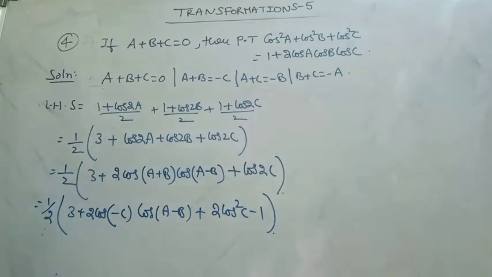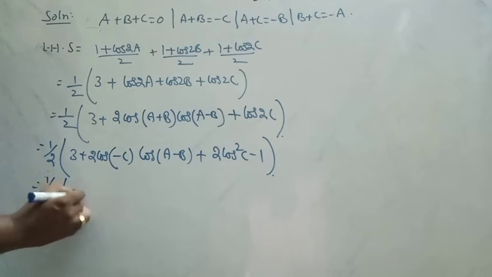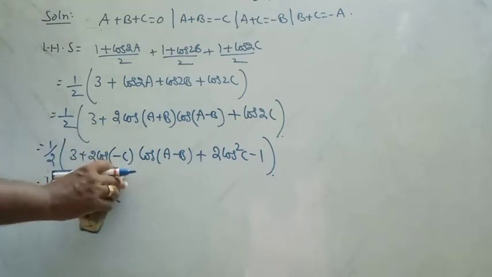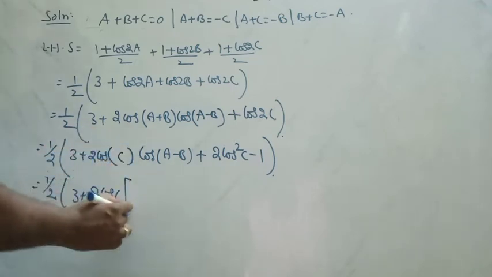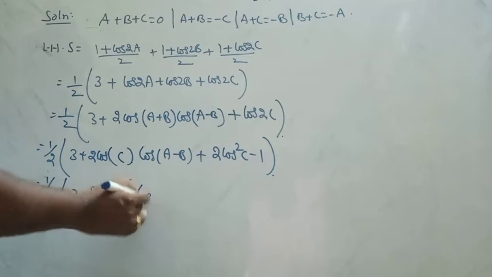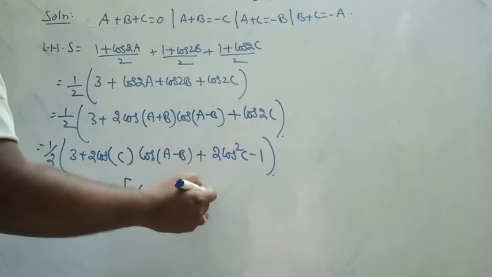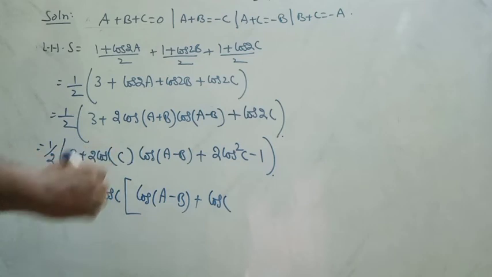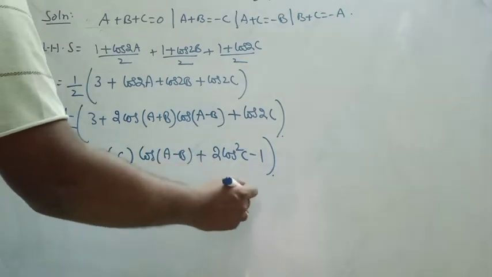Now you see, my dear students, how we are going to do this particular problem. This is now 1 by 2 into 3 plus 2 cos c, since cos of minus c is cos c, into cos of a minus b, plus 2 cos c square, taking 2 cos c common, we get cos of a minus b plus cos c, minus 1.